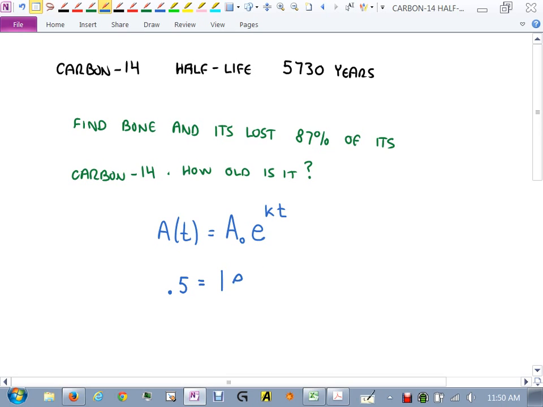And then e to the k times t, and t is always the half-life they give you. So 5730k, right? Do you now see what I mean by once they give you the half-life, you can always come up with your decay constant? Okay. One is saying that there was 100% of it there to begin with. The 0.5 is saying half of it's going to be there at this point in time. How long did it take? 5,730 years.